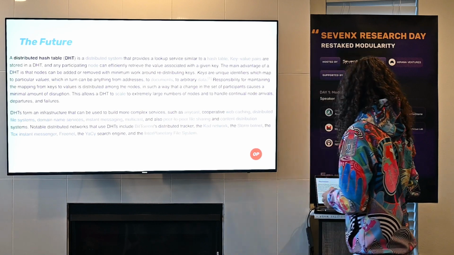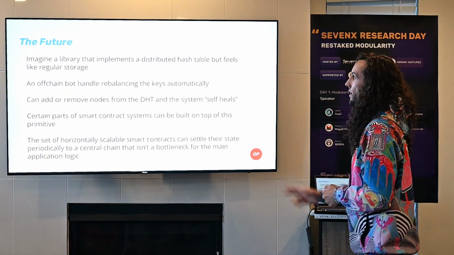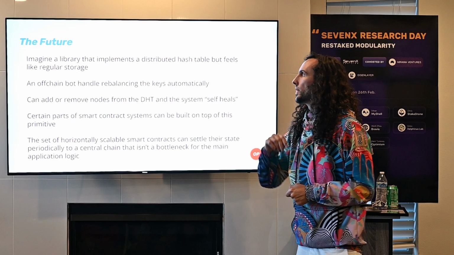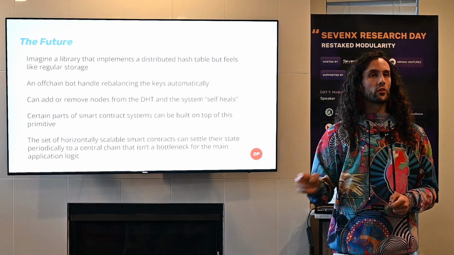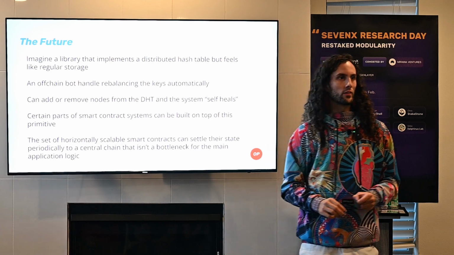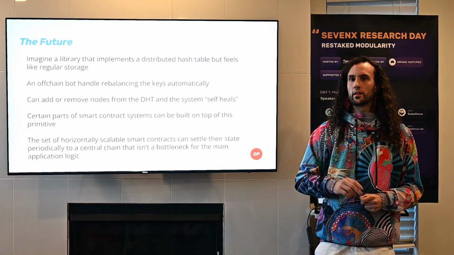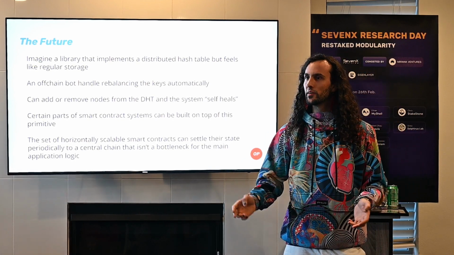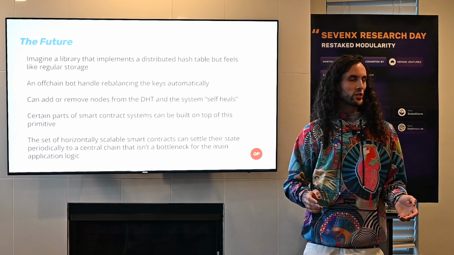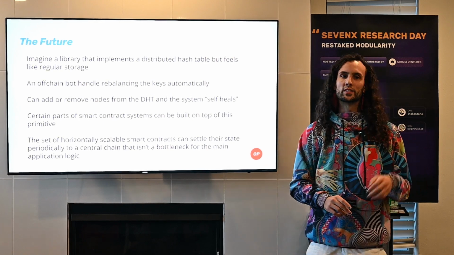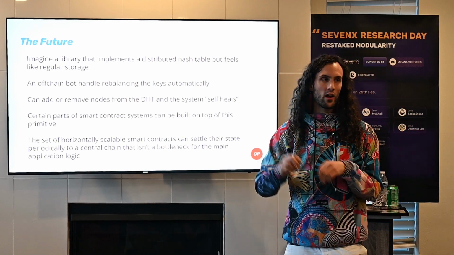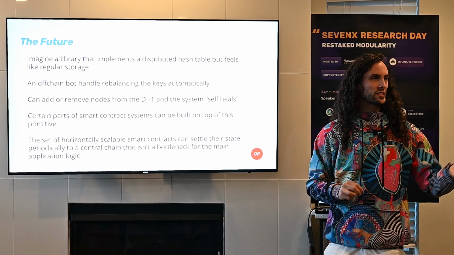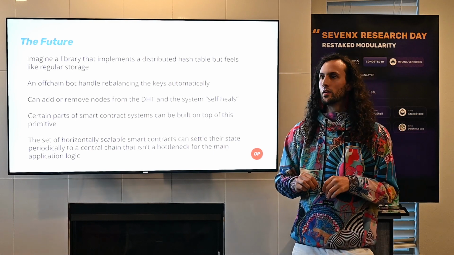So the idea is, what if we had a library that implemented a distributed hash table but feels like regular EVM storage, right? If you've written a smart contract, you're probably familiar with writing to storage, like either using a mapping and writing a key value pair into the storage, or doing a low level SSTORE or something like that, right?